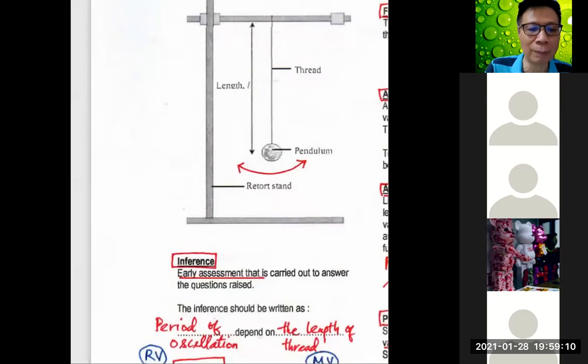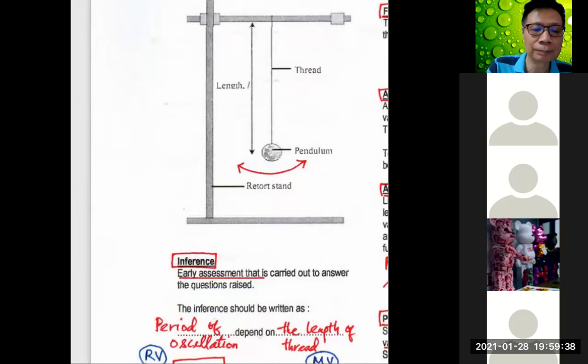Remember the format is depends on. Depends must have an S here. So the keyword to write inference is depends on. Something depends on something else. So in this experiment, the period of oscillation, the time taken to oscillate, depends on the length of the thread.